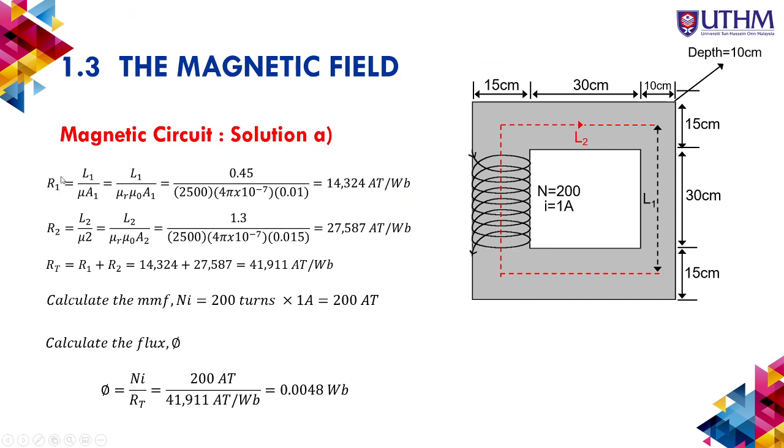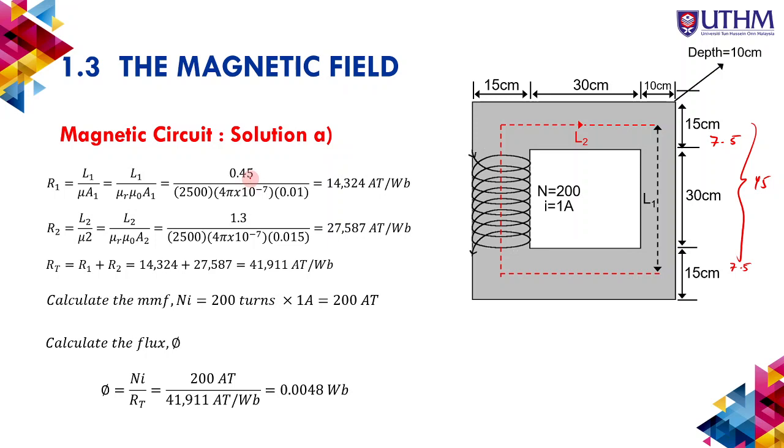First of all we need to calculate R1. R1 is over here. Later you try to calculate the 45 over here. This is 7.5, and 30 multiplied with this becomes 45. So the total here is 45. The 45 is in cm, but they calculate in meter, so you need to change to meter.